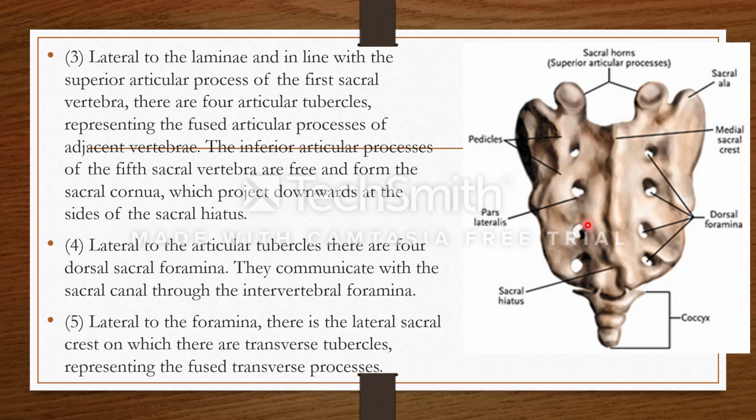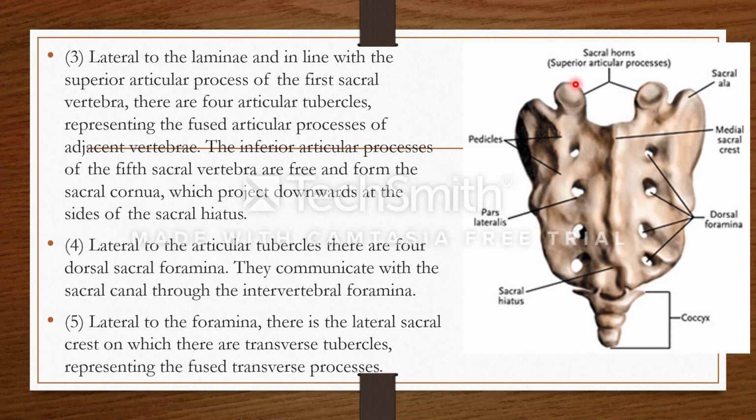The inferior articular process of the fifth sacral vertebra is free and forms the sacral cornu, which projects downward at the sides of the sacral hiatus. This is the sacral hiatus and these are the 2 sacral cornua.